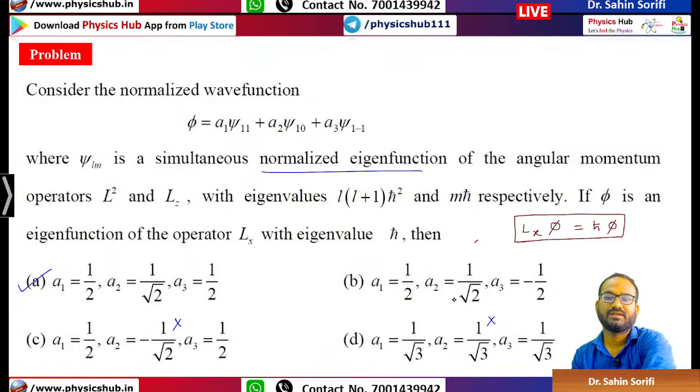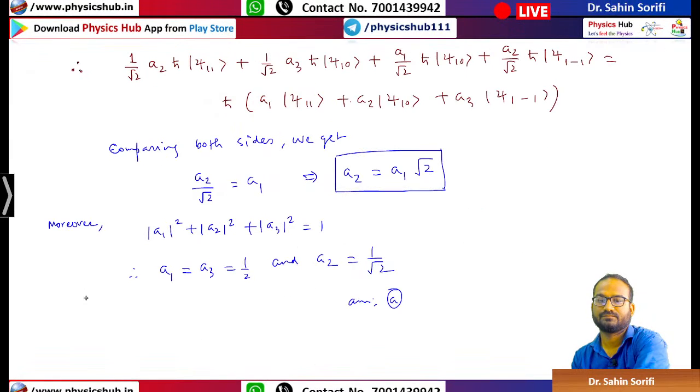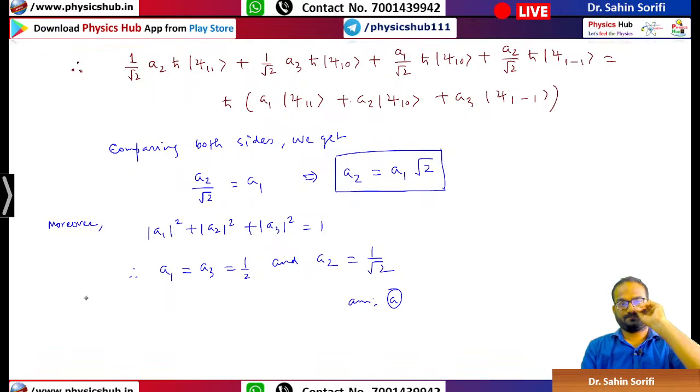Next, by doing a1 square plus a2 square plus a3 square, you should get 1. Okay. So that is possible here in case of A. Is it clear, guys?